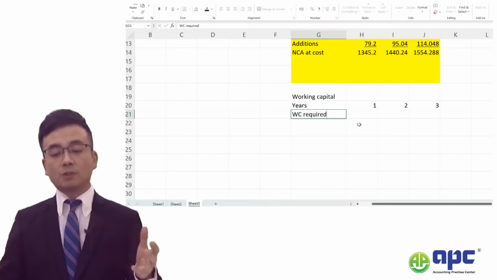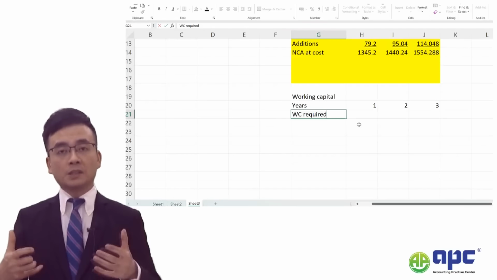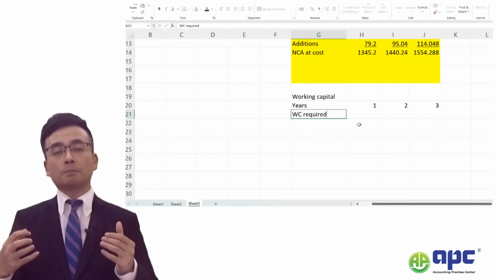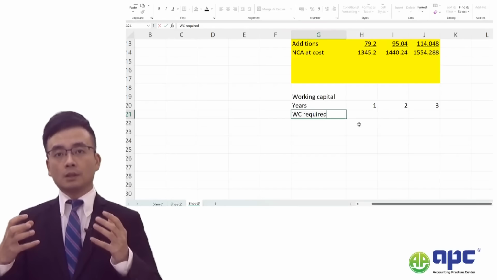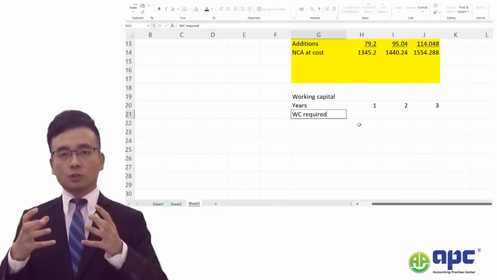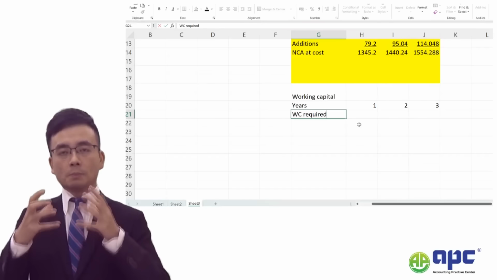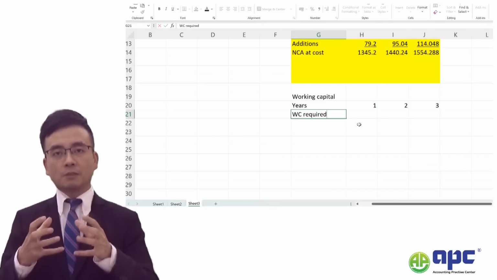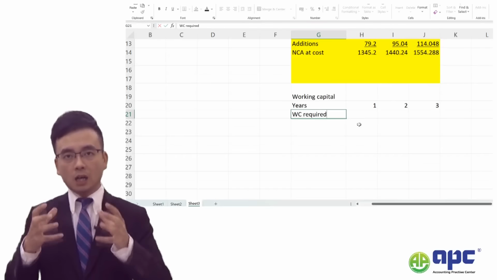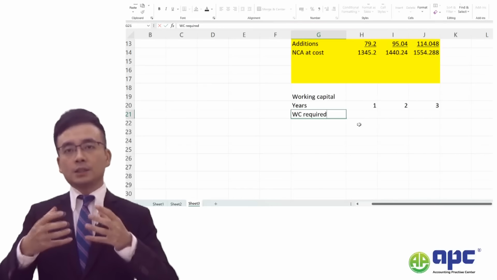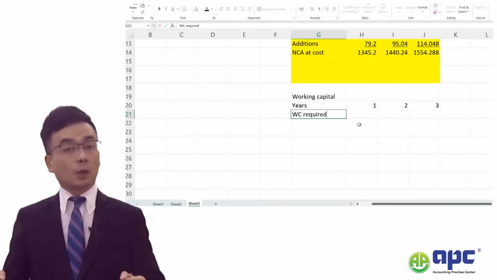So for example, if the working capital is $100, which means we need to figure this out, $100. Where does the $100 come from? So for example, we may be borrowing money from the bank worth $100 in order that we can put that into the operating cycle.